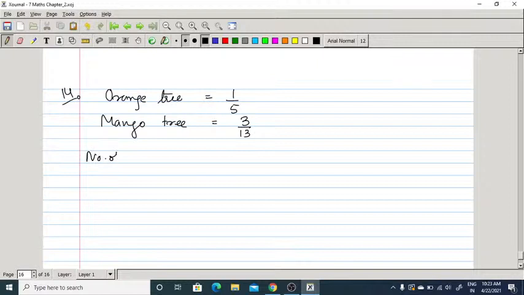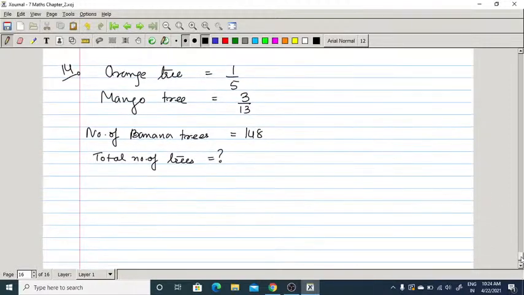And the number of banana trees is 148. So you have to find out the total number of trees in the orchard. Total number of trees is my required question. Okay. So let us find out the fraction of banana trees.